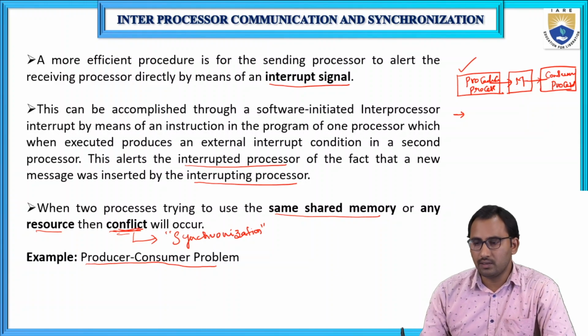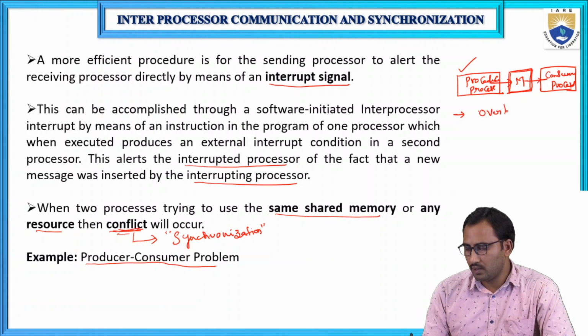What will happen? More data is stuck in the memory, pipeline or mailbox, so more data will be accommodated inside this mailbox. That is an overloading problem.